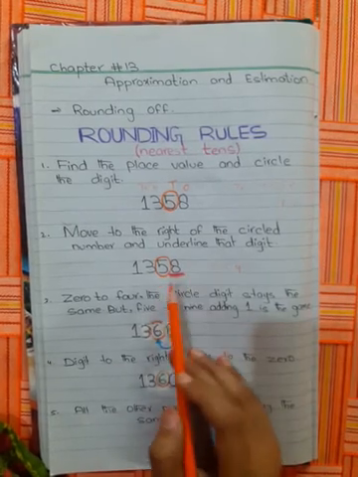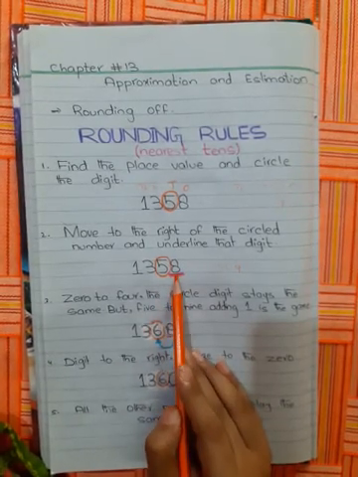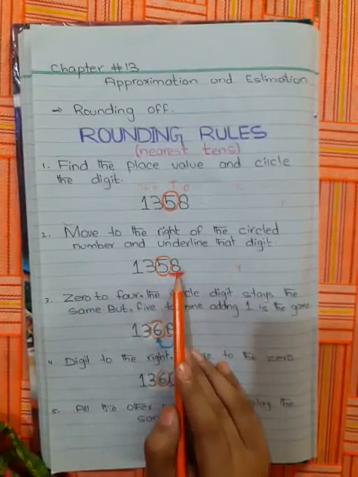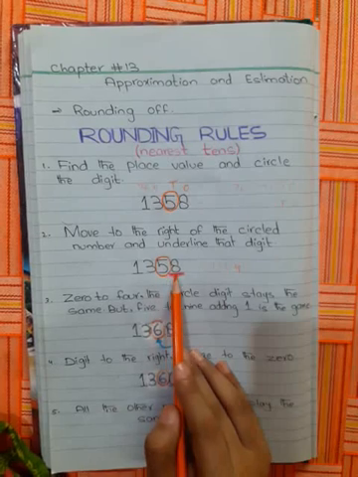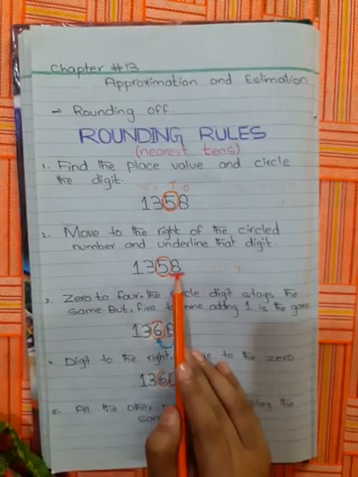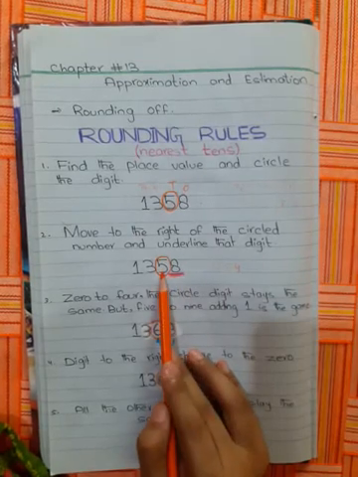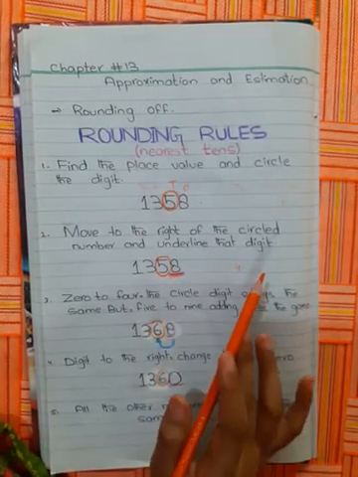What is the game? If the underlined digit, the digit next to the circled digit, is equal to 5 or greater than 5, we add 1 to the circled digit and that number becomes 0.